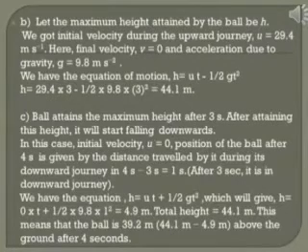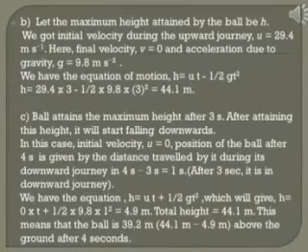And see, we have to find the position of the ball after 4 seconds. Here, the ball attained the maximum height after 3 seconds. After attaining this height, it will start falling downwards.